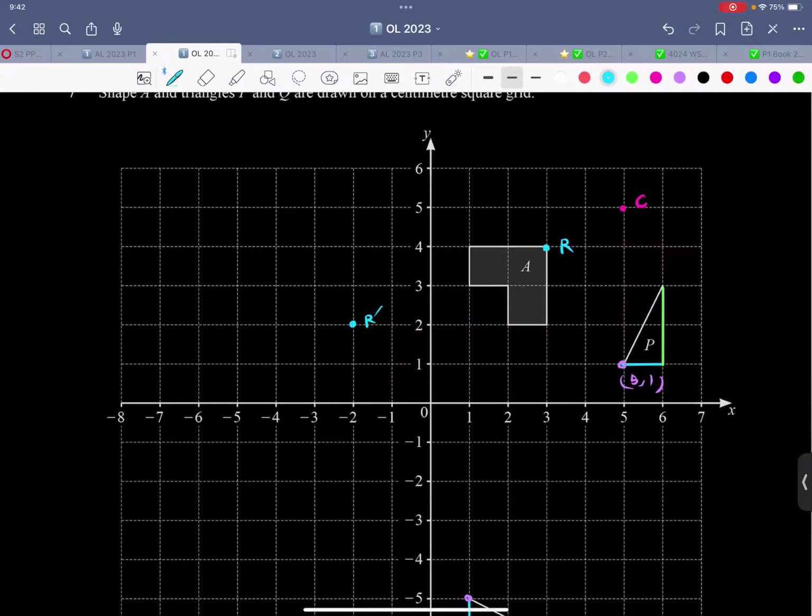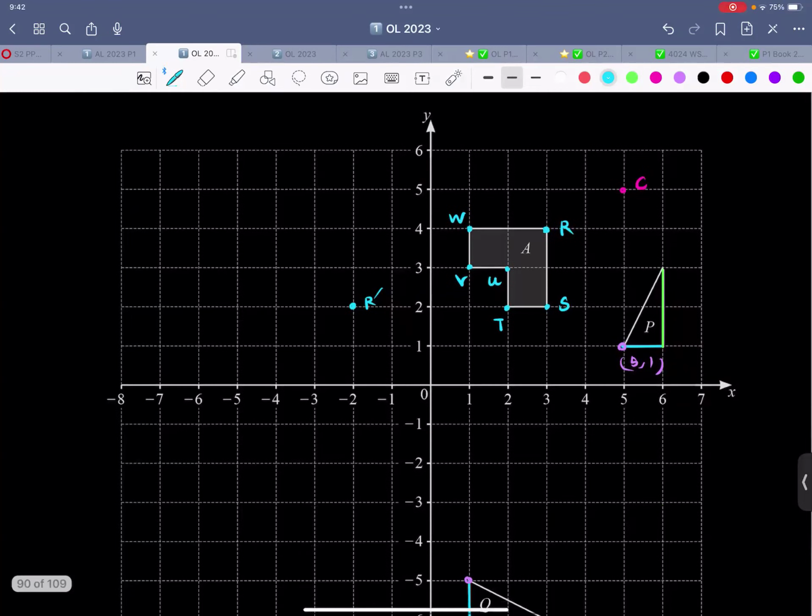Now I don't have to do it with the other points. What we can do is just label some more points: R, S, T, U, V, W. I'm doing this for explanation purposes; it's not required by the examiner.